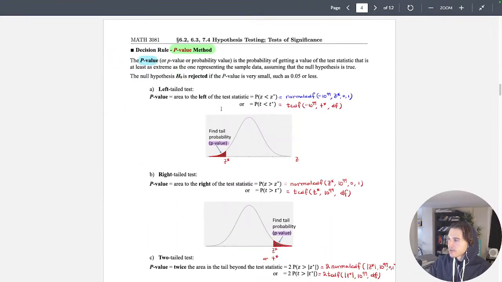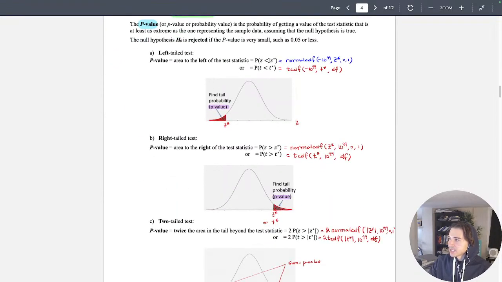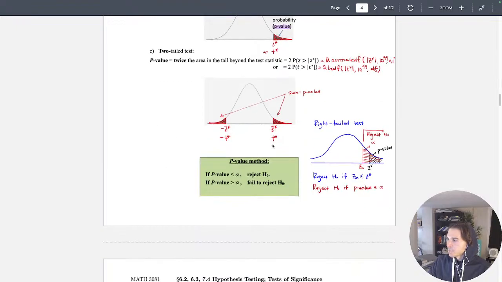And p-value, probability that z is less than or equal to z star, or probability that t is less than or equal to t star. And you're just doing the normal CDF for z or the t-CDF for t. And after you calculate that, if it's two-tailed, you multiply it by 2 for z greater than the absolute value of z star, and so on for t.